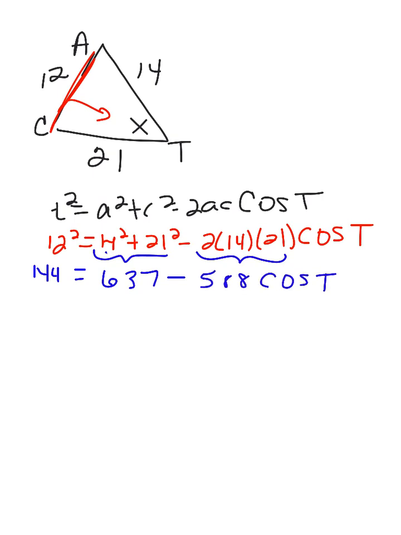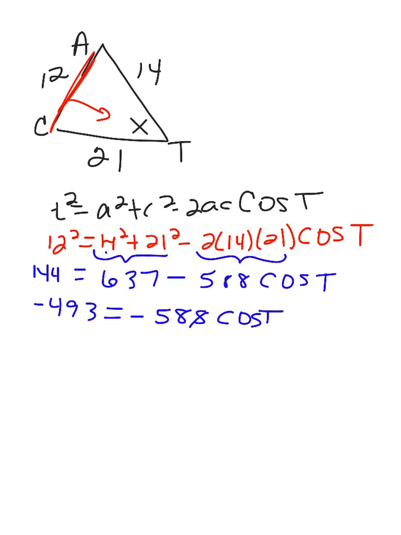So you're going to subtract 637 from both sides, and when you subtract 637 from both sides, you get negative 493 equals negative 588 cosine of angle T. Divide both sides by negative 588.